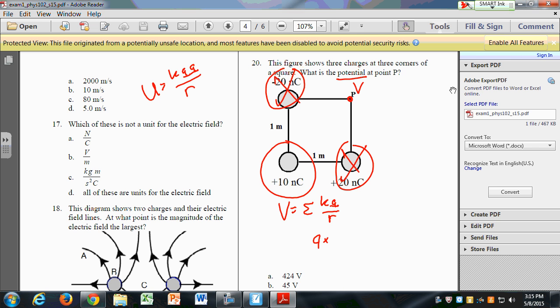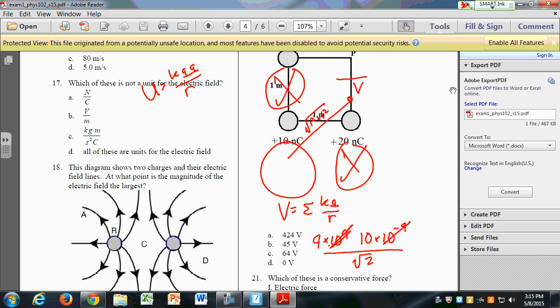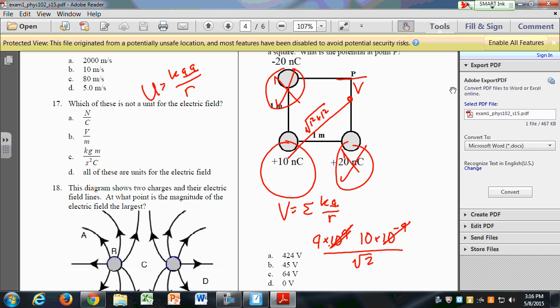So it's going to be 9 times 10 to the 9th, 10 times 10 to the minus 9, divided by this distance, which is the square root of 1 squared plus 1 squared. That's the square root of 2. Notice I do have some cancellations here. You'll often see cancellations just to make your calculations easier. So that's 90 over root 2, which is 64.